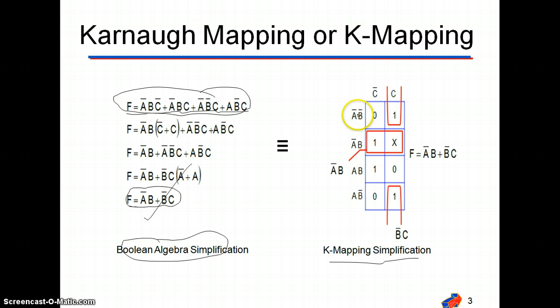Now in these 4 rows, the 2 different cells cannot vary more than 1 literal. That is, see here, if we are taking 2 variables a bar and b bar. When we go to the next state, we are seeing a bar is same, whereas we are changing b and b bar. That is, there is a 1-bit change.